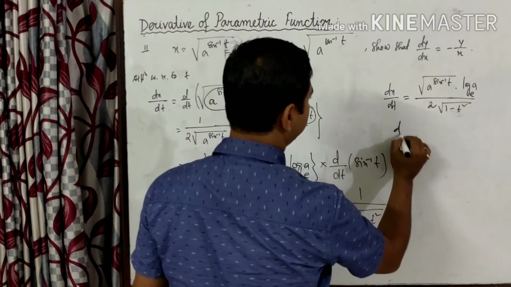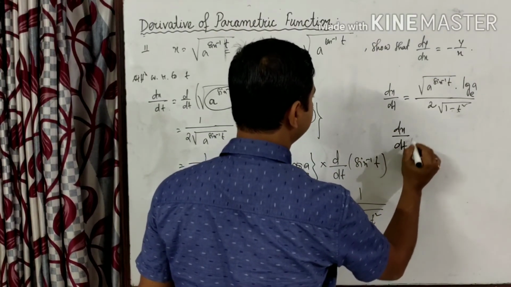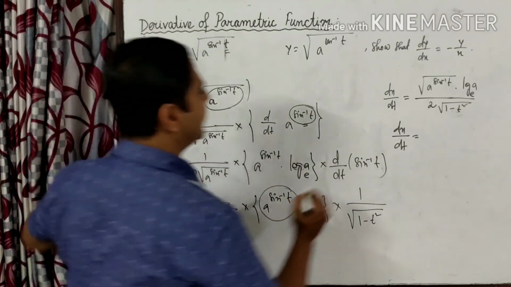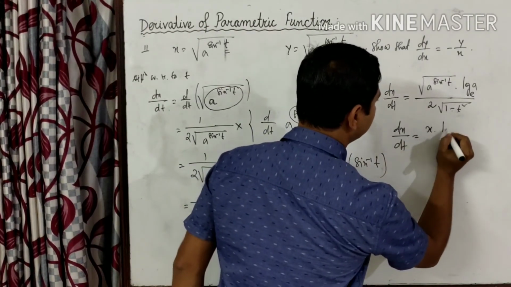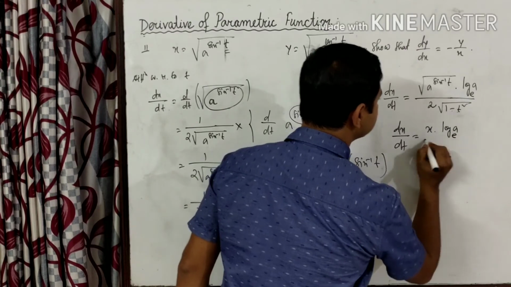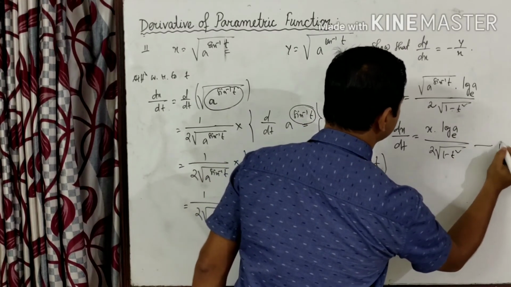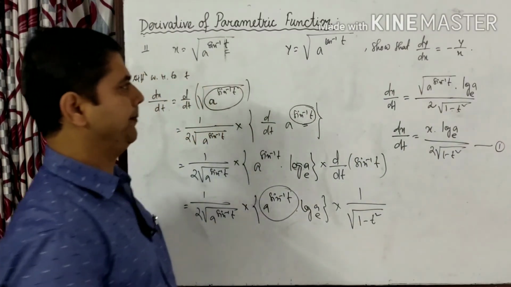That means you have dx by dt, this part is equal to x, so putting x, log of a base e divided by twice of root over 1 minus t square. This one we consider equation 1.